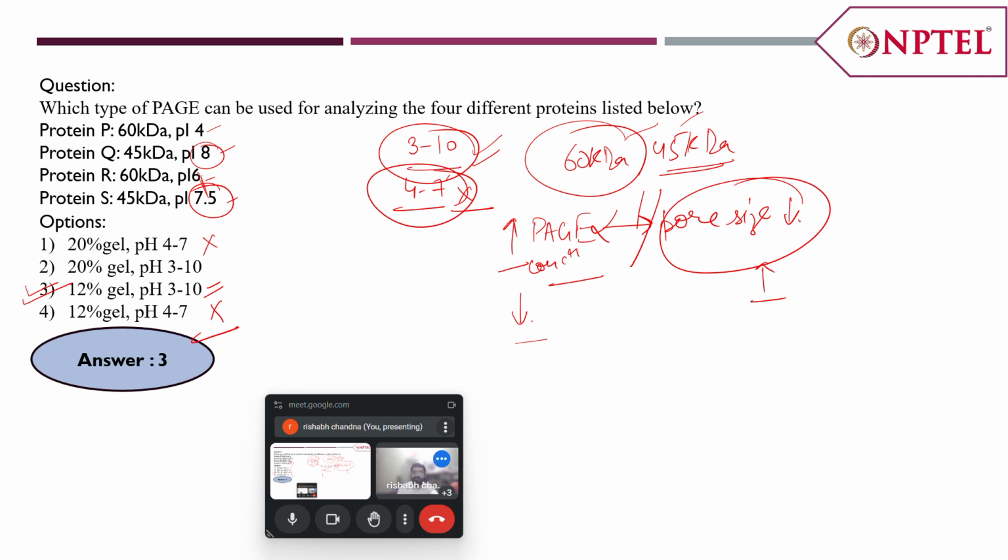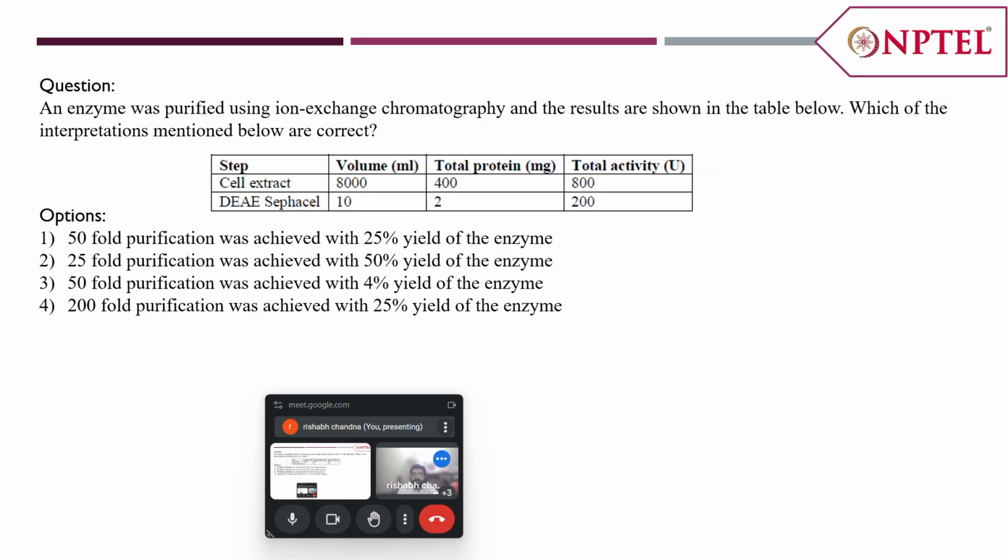So, any doubts in this question? Okay. If not, then we'll move on to the next question. So, an enzyme was purified using ion exchange chromatography, and the results are shown in the table below.